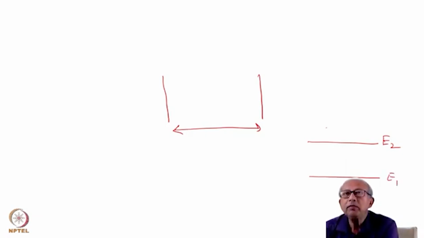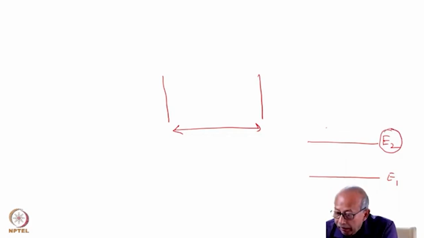From Boltzmann thermal distribution of population, we know that in reality, the reverse is actually true. That is, a level with higher energy always has less population than a level with lower energy.